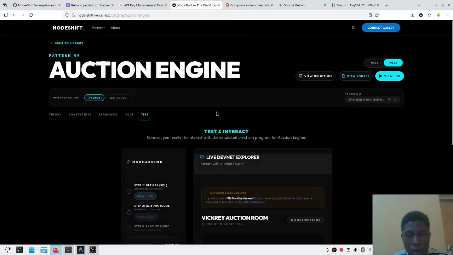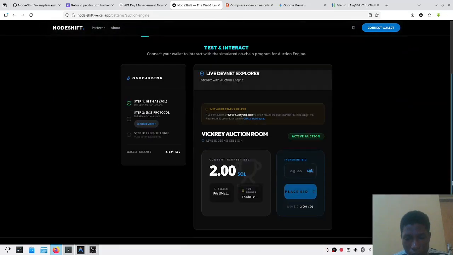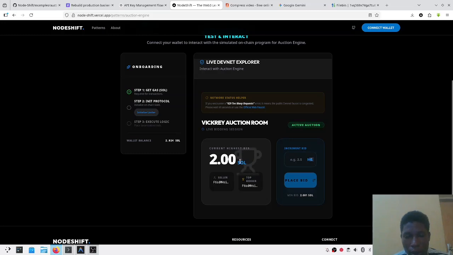So let's show a test. As you can see, the current bid is 2 Solana. A wallet from somewhere else tries to bid, but since we're using our in-app wallet, let's try to bid 3 Sol instead. I'll place our bid.